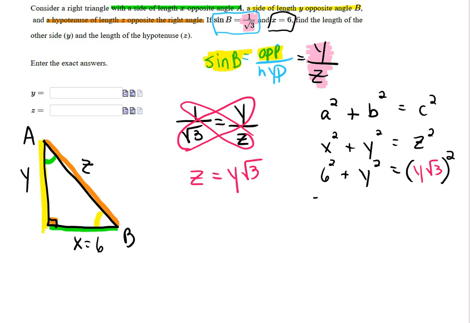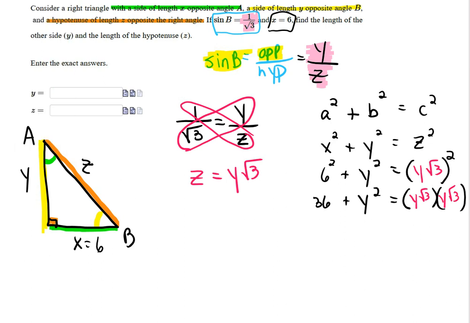6 squared is 36. If you take y times the square root of 3 and square it, what you're really doing is multiplying it by itself, so y times the square root of 3 times another y times the square root of 3.